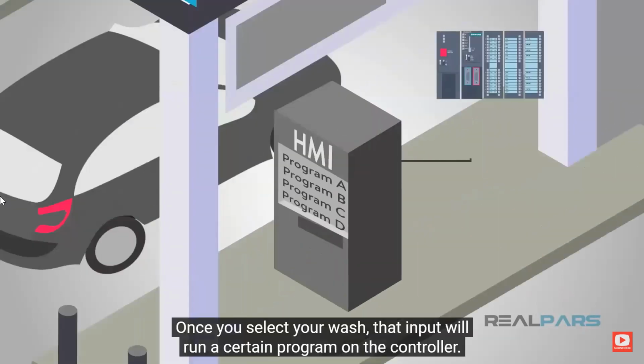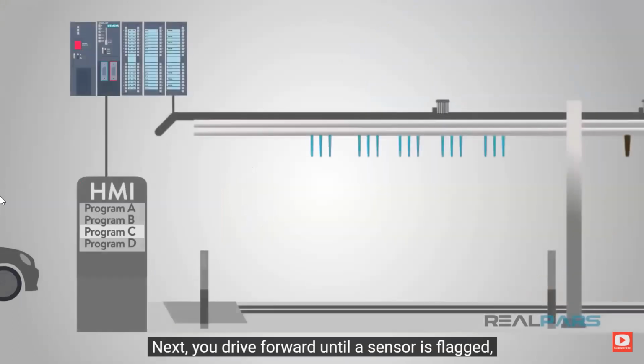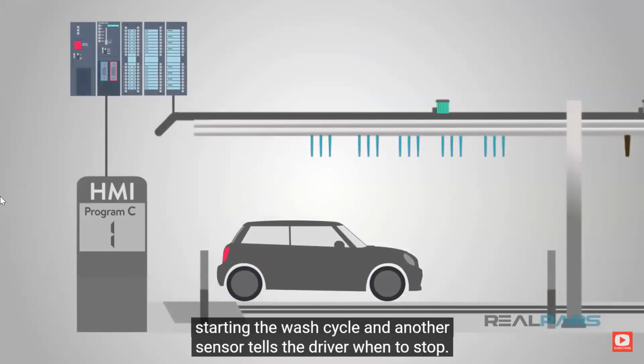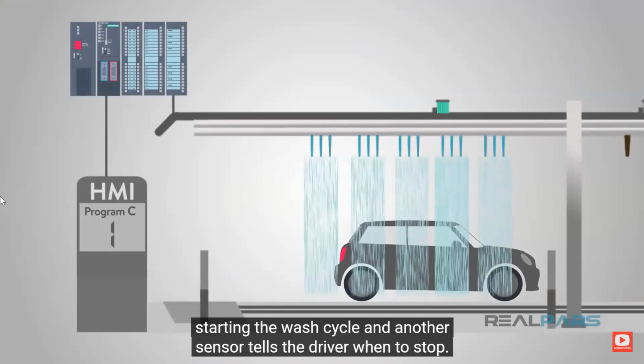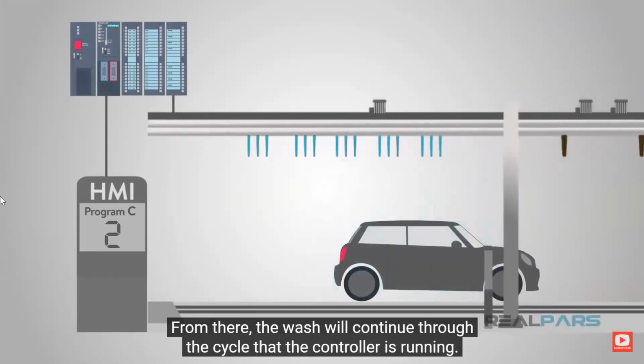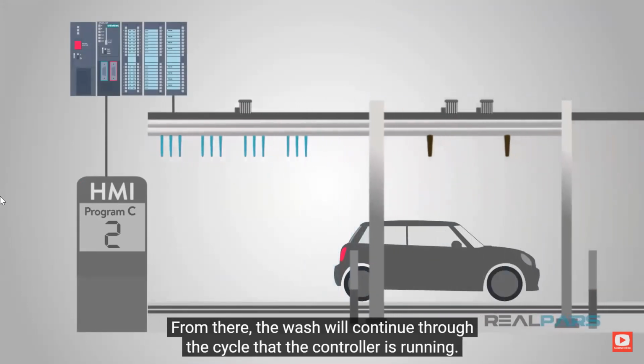Once you select your wash, that input will run a certain program on the controller. Next, you drive forward until a sensor is flagged, starting the wash cycle, and another sensor tells the driver when to stop. From there, the wash will continue through the cycle that the controller is running.